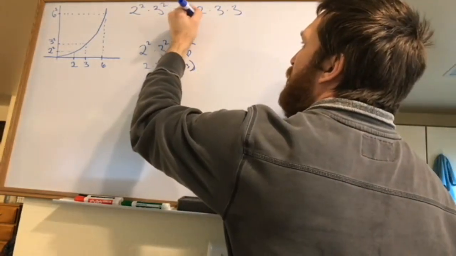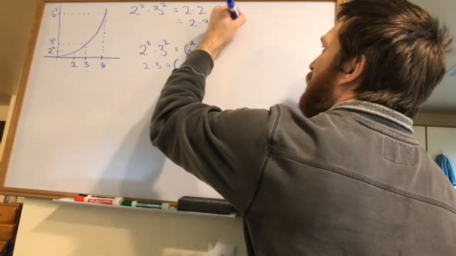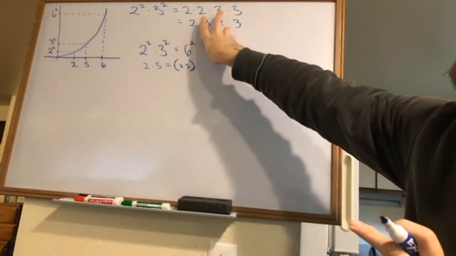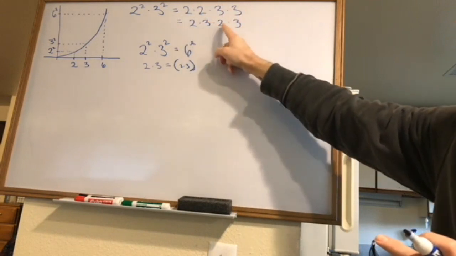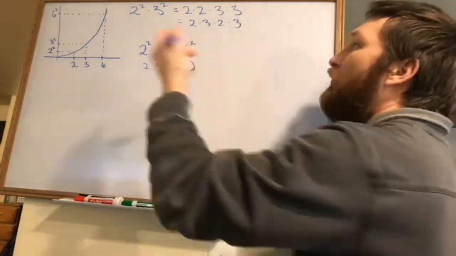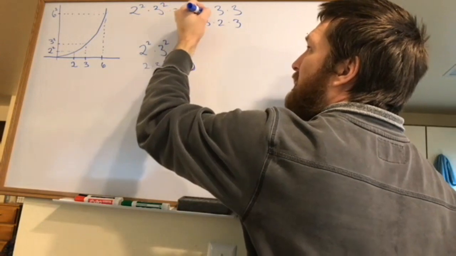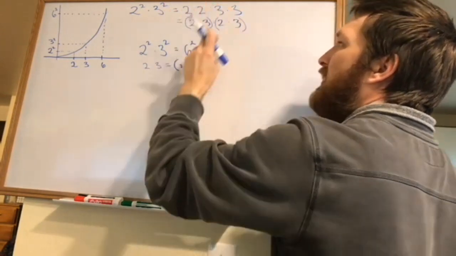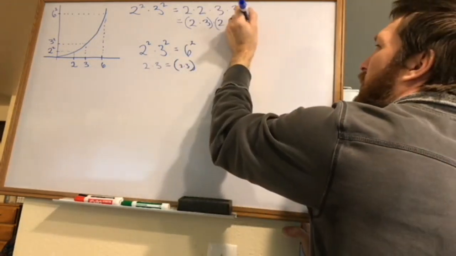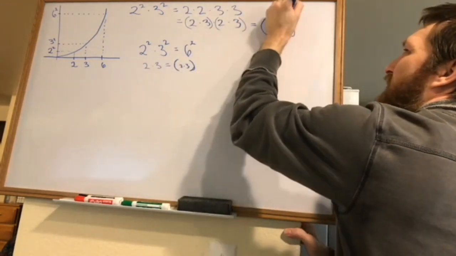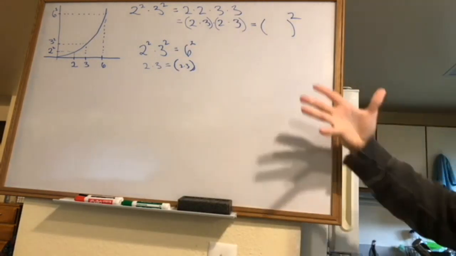I could do 2 times 3 times 2 times 3. I just switched these around. Instead of 2, 2, 3, 3, I said 2, 3, 2, 3. Then I can regroup this way and say it's the same as the 2 times the 3 times the 2 times the 3, or in other words, something times itself is just that thing squared.